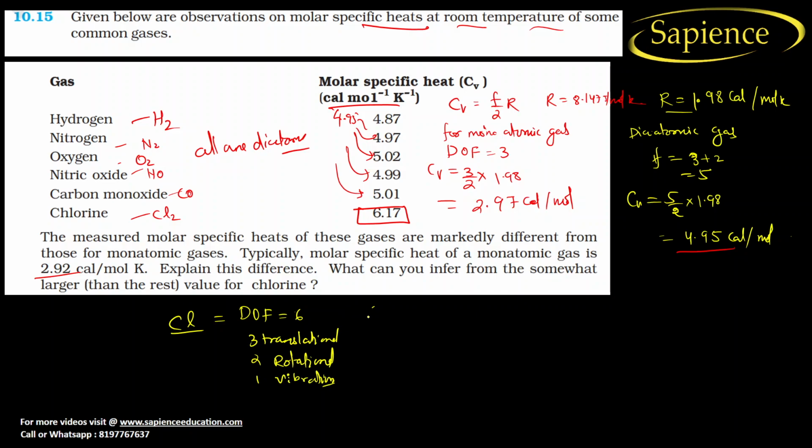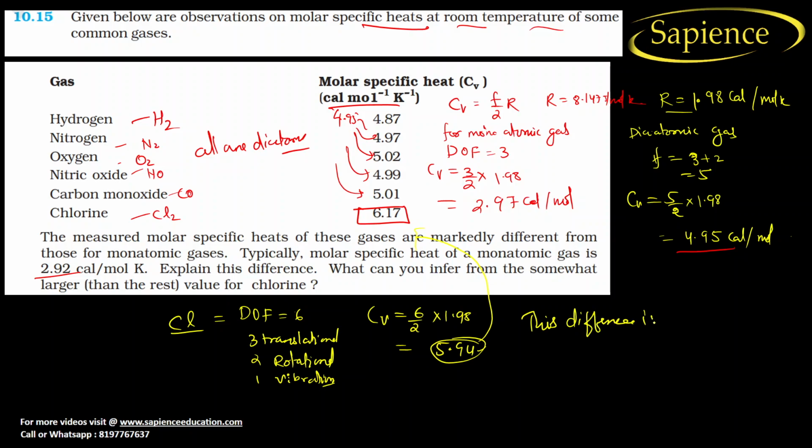So if we put the degree of freedom equal to 6, Cv is equal to 6 by 2 into 1.98, so the value will be approximately equal to 5.94. So it is 5.94, but still we have a large difference.